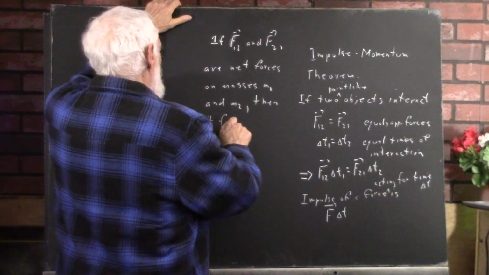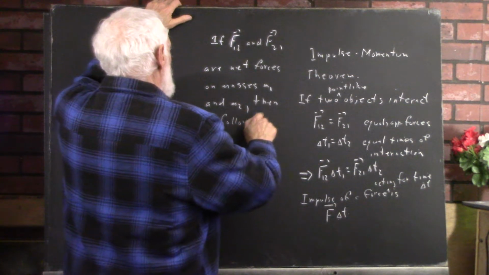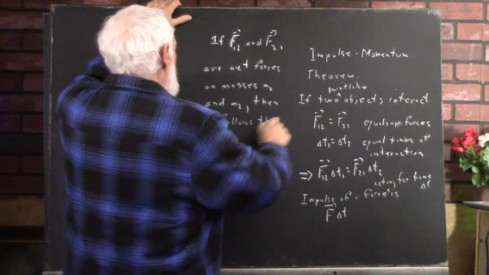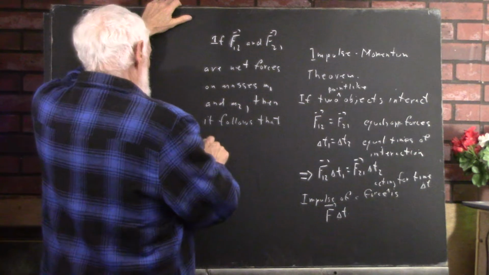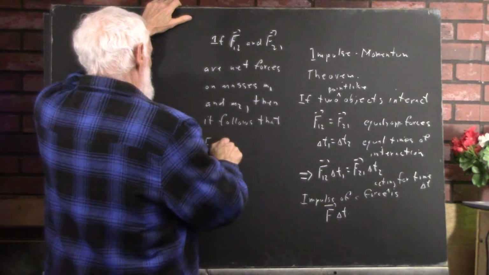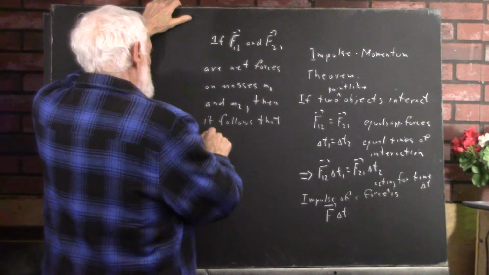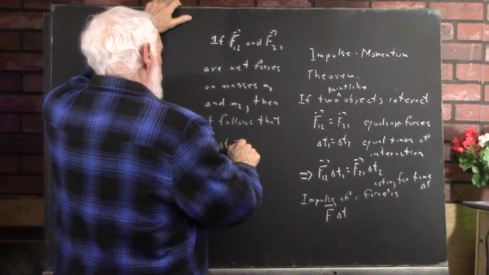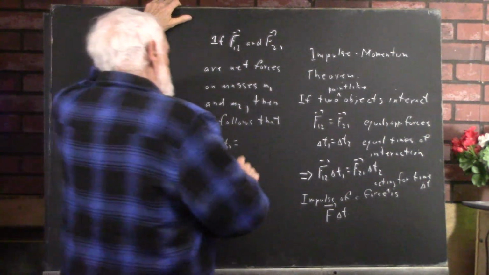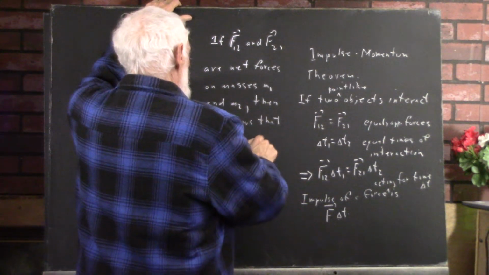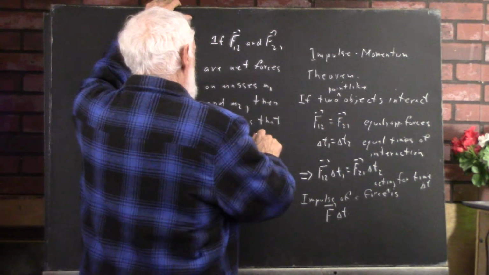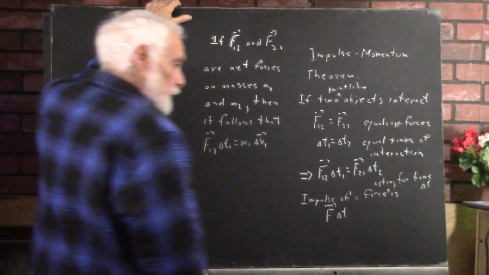it follows that F12 delta T1 equals M1 delta V1.